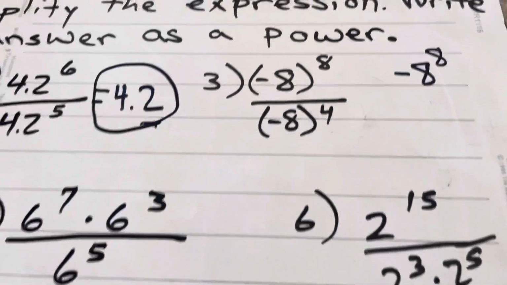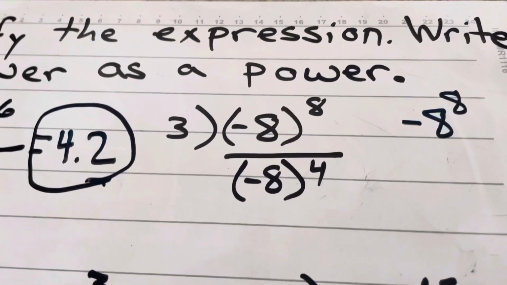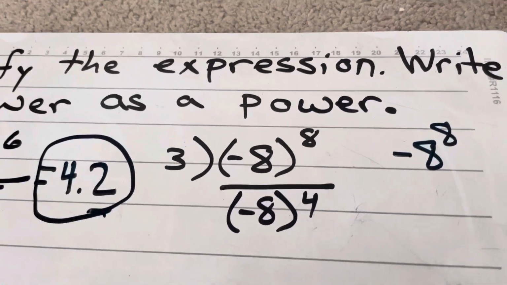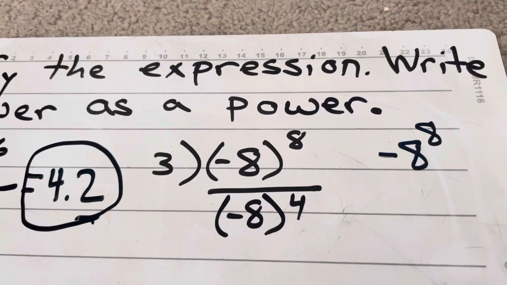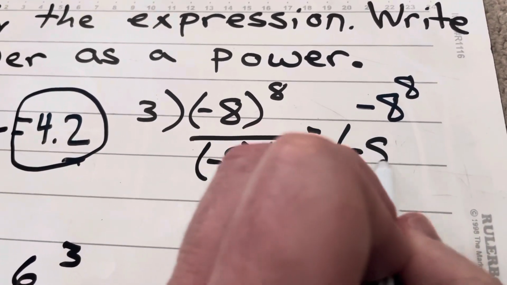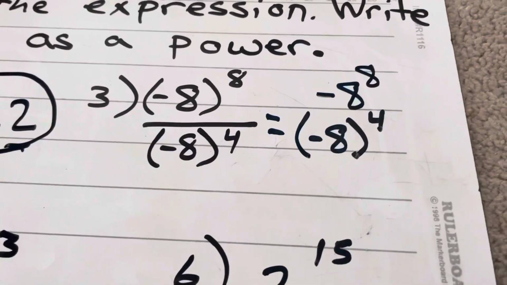That's why you put the parentheses to show that it's clearly negative 8 being multiplied over and over again. But once again, it's just 8 minus 4. 8 minus 4 is 4. So this is going to end up equaling negative 8 in parentheses to the power of 4.